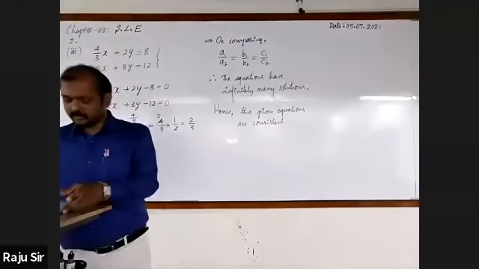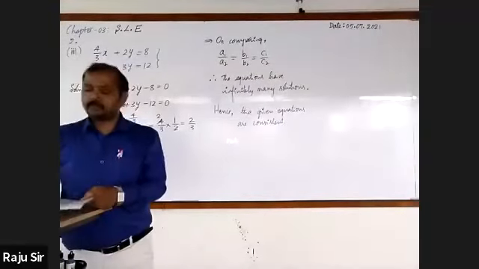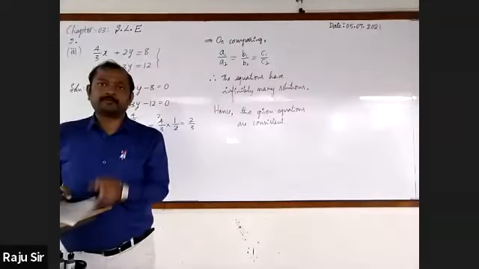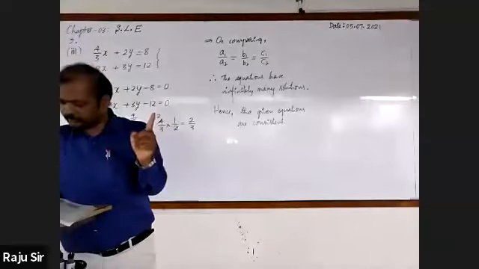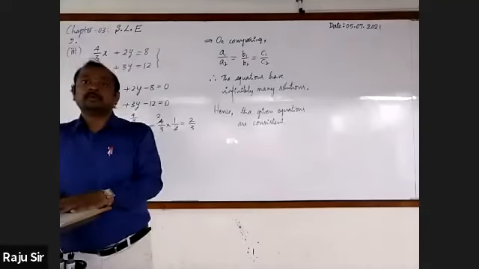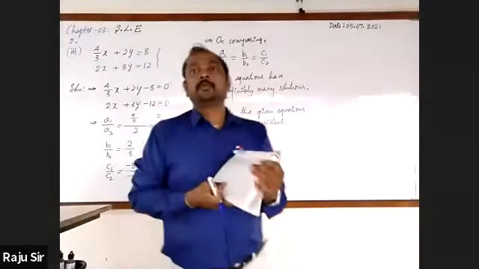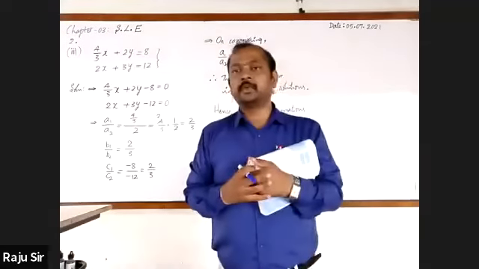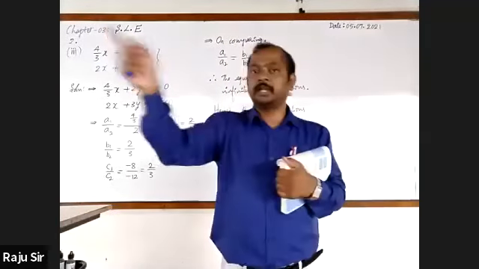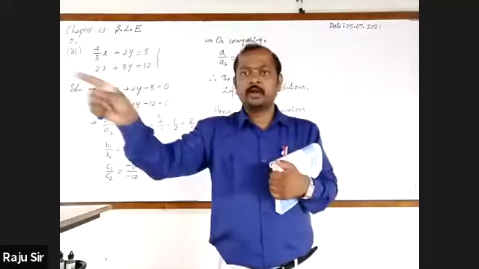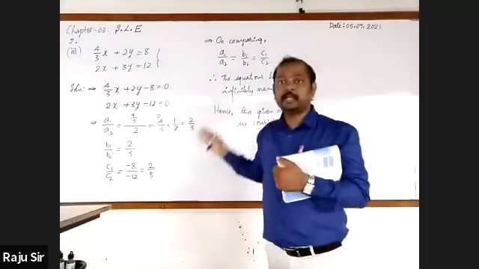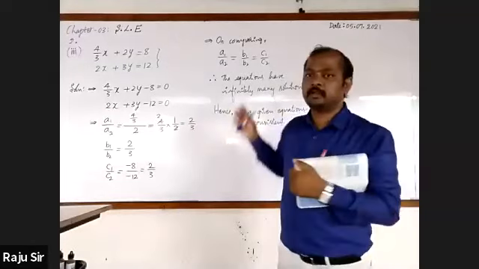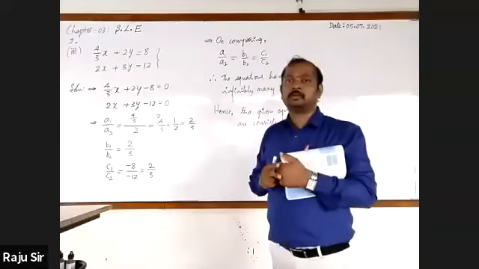Yes. Now I'm going to take another type of question. So two types are over. In the first type, for the given equations, we decided whether the lines will intersect, coincide, or be parallel to each other. In the second type, we decided whether the given equations are consistent or not.